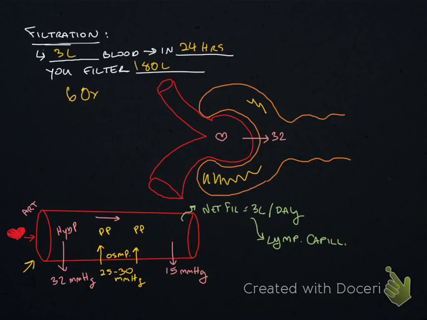Whenever hydrostatic pressure pushes out, it hits the walls of the Bowman's capsule and the filtrate already in there, and it causes a push back into the capillary. So it's a back hydrostatic pressure of about 15 millimeters of mercury.